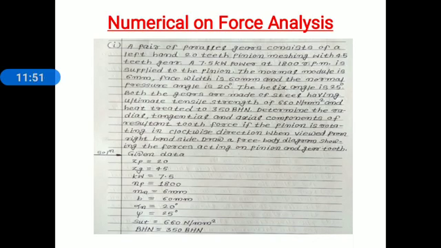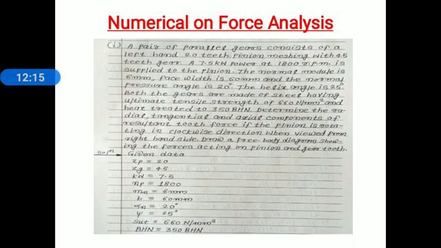Number of teeth on the pinion Z_P is equal to 20. Number of teeth on the gear Z_G is 45. Power is 7.5 kilowatt. Speed of pinion N_P is equal to 1800 rpm. Normal module m_n is equal to 6 mm. Face width b is equal to 60 mm. Normal pressure angle alpha_n is equal to 20 degrees.